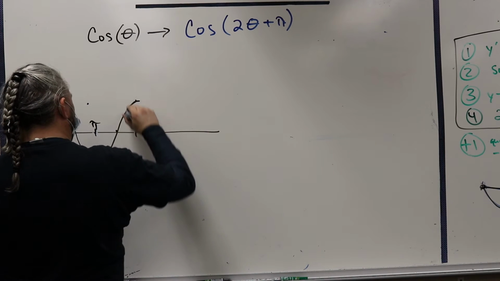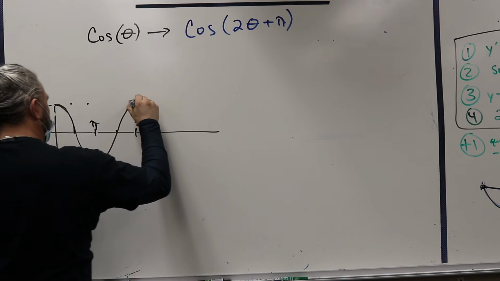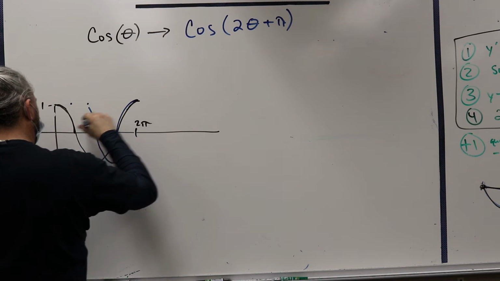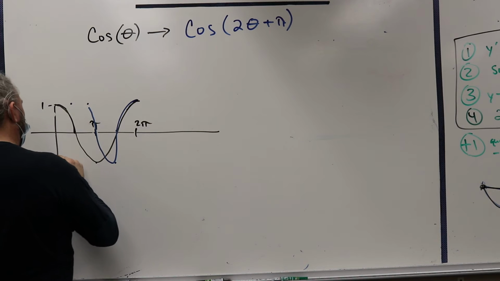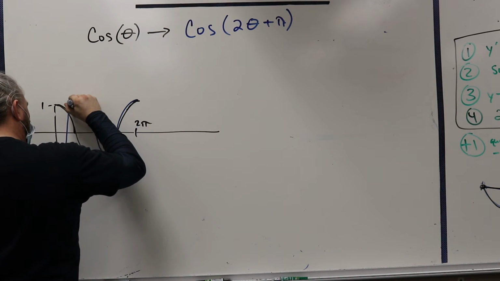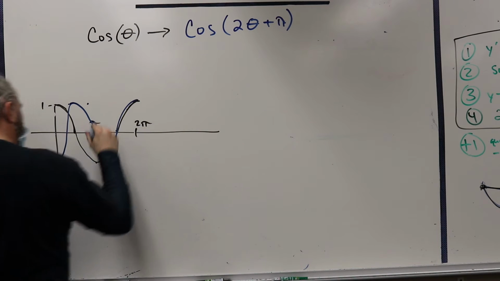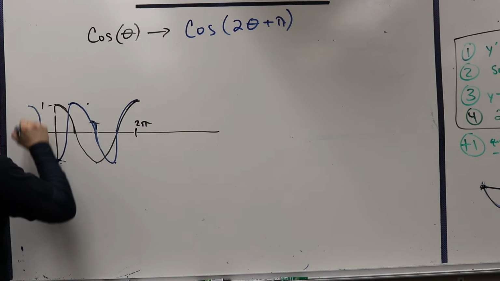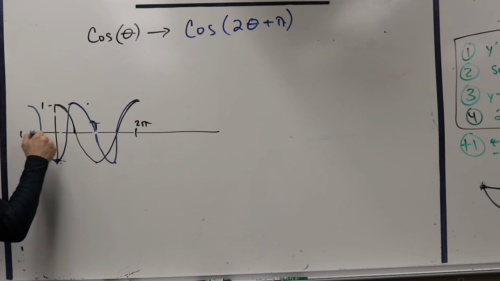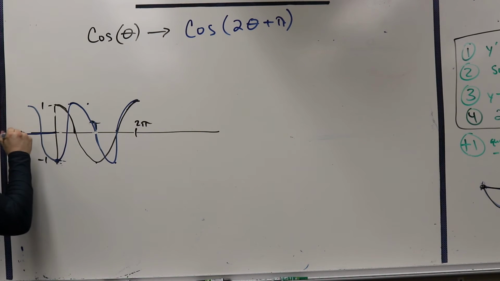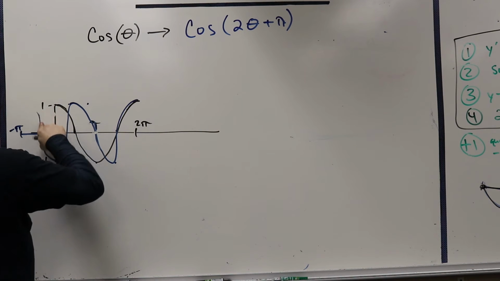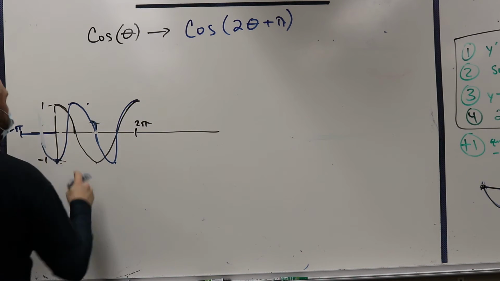And it's going to come up and back up to here. Wait. Is that right? Pi. Negative pi. I think I pulled it a little bit too much.